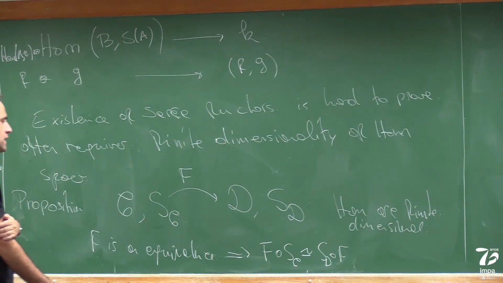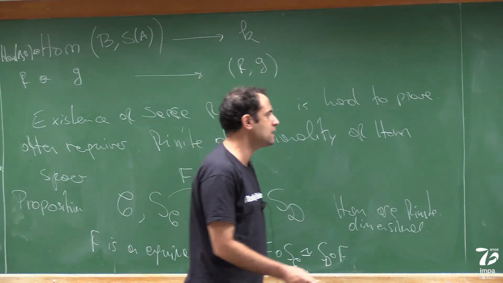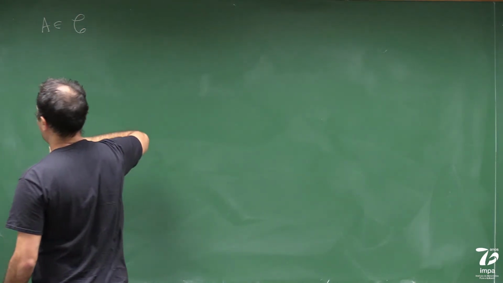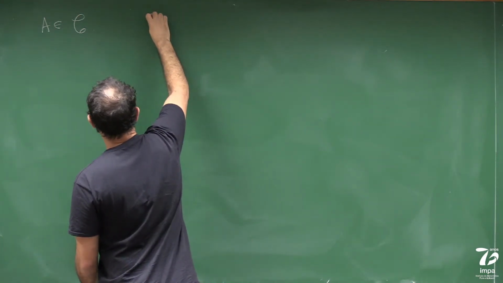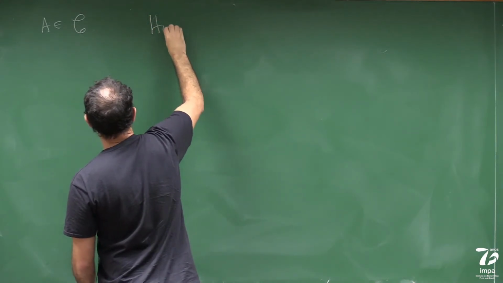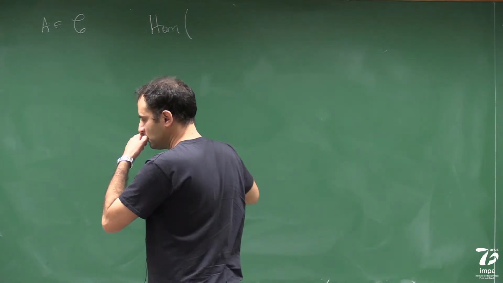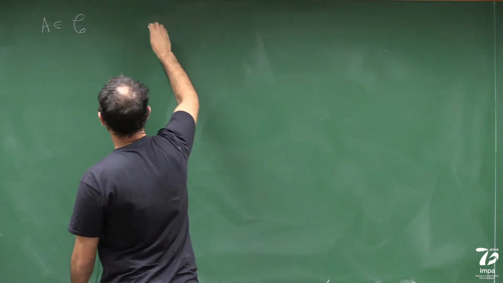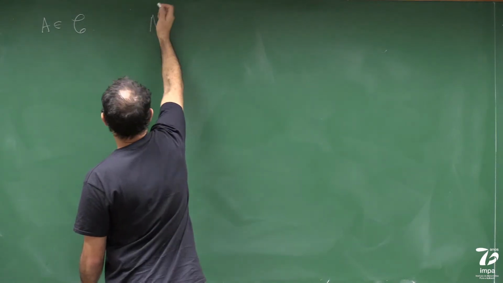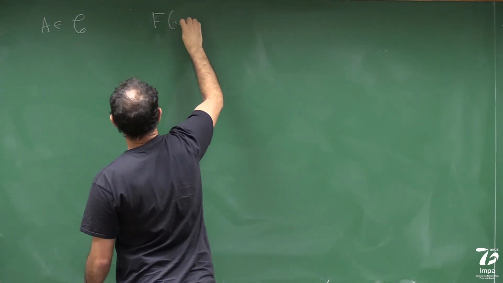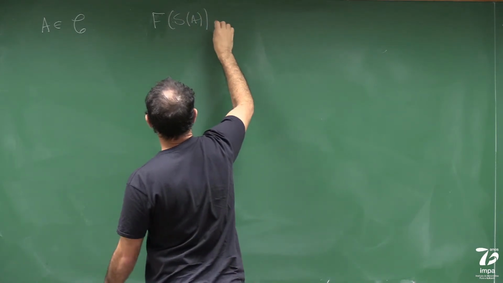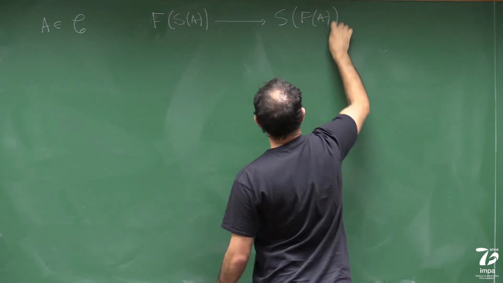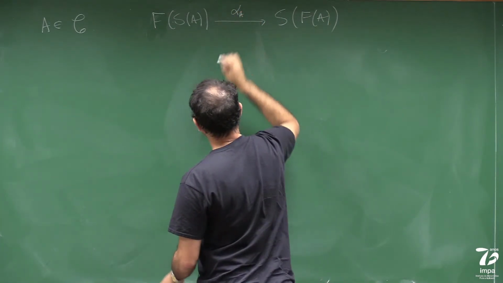Okay, so I need to give you a map for every object of C, for every A in C. What I want to give you is a map, I need to give you a map from F of S of A to S of FA. That's what I want to give you, this alpha of A.